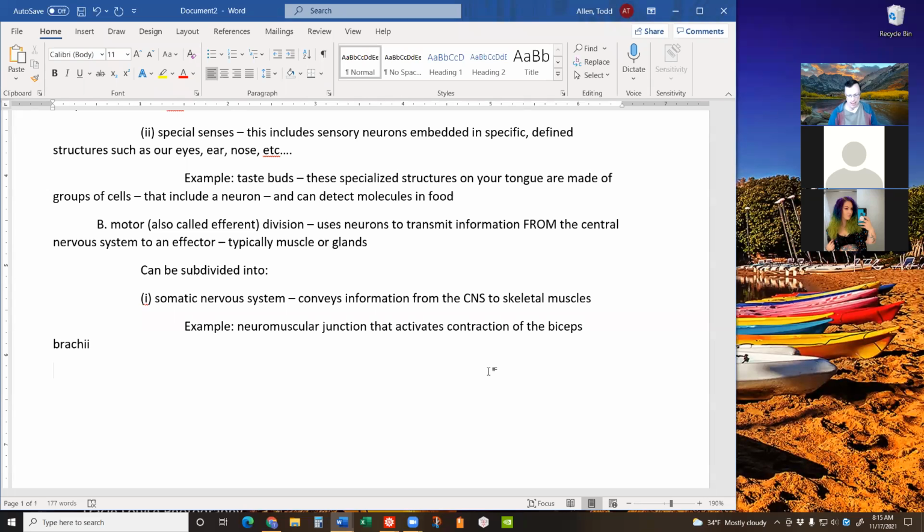We also have, within the motor division, the autonomic nervous system. The autonomic nervous system transmits information from the central nervous system to every other kind of effector we might imagine, such as smooth muscle, cardiac muscle, glands, okay?